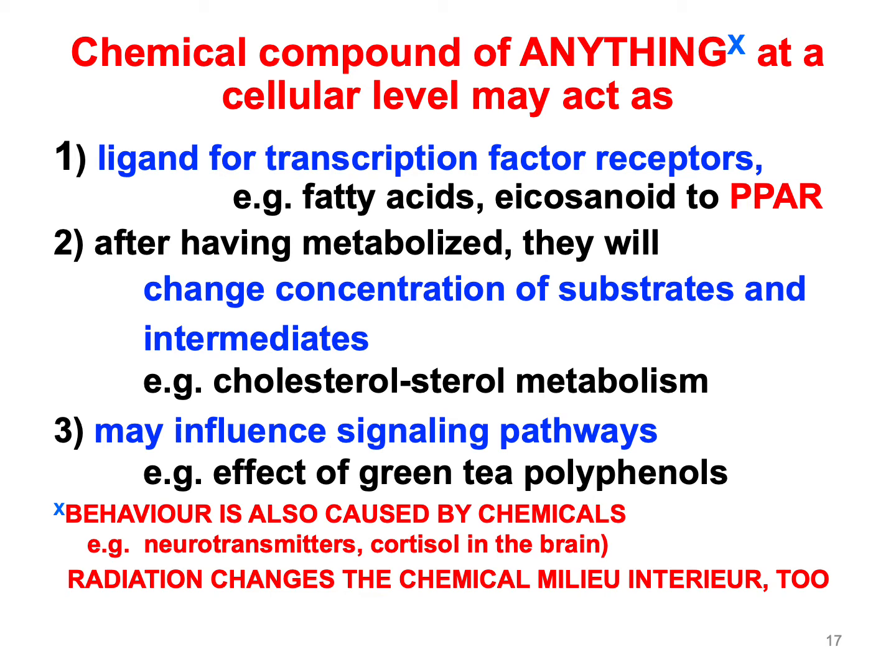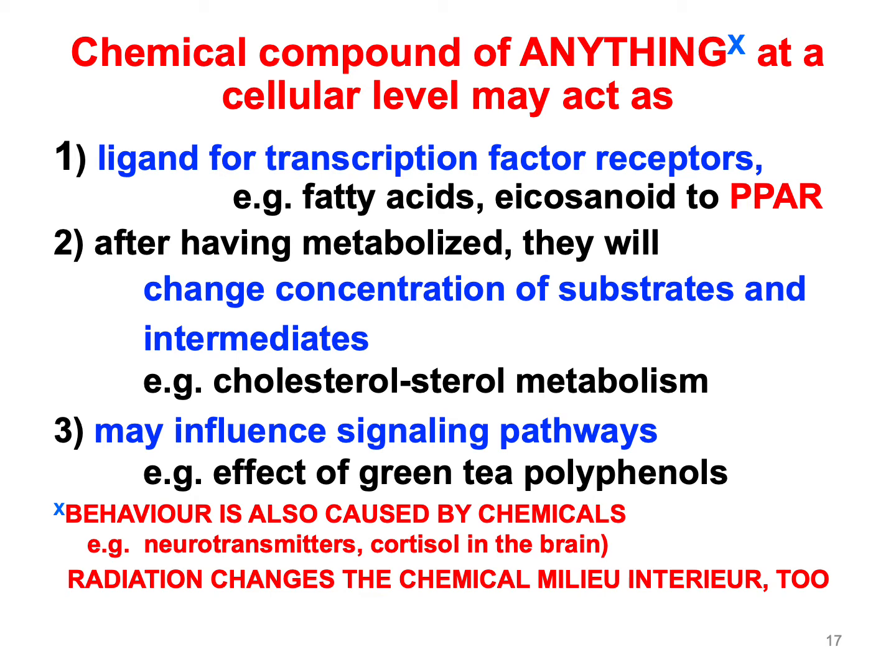This may be, number one, a ligand for transcription factor receptors. For this, a good example are the fatty acids, the eicosanoids. They bind to PPAR, peroxisome proliferator activated receptor.